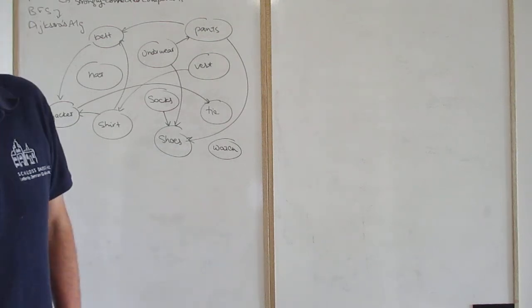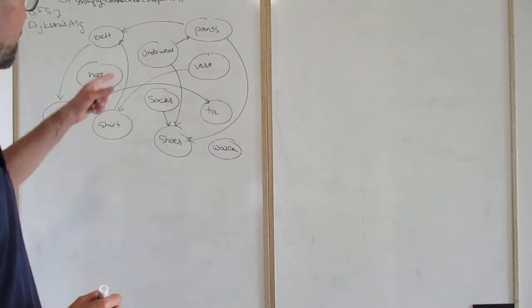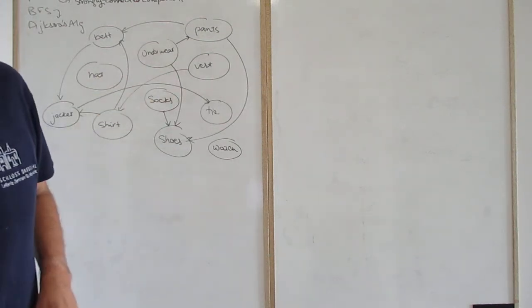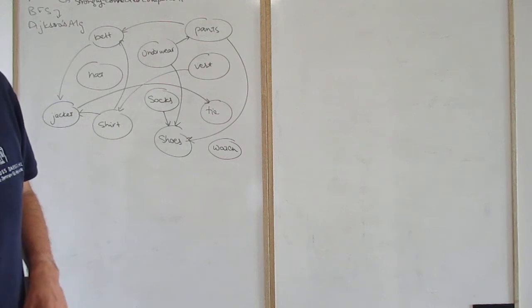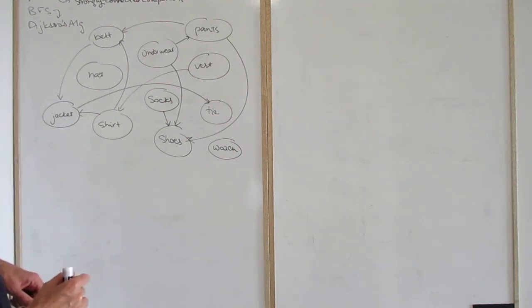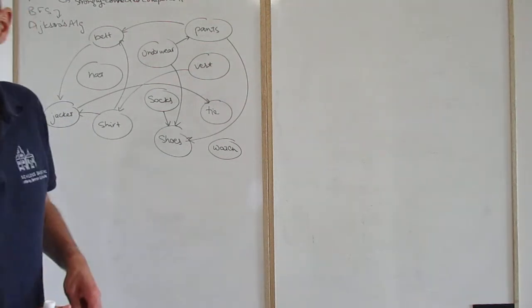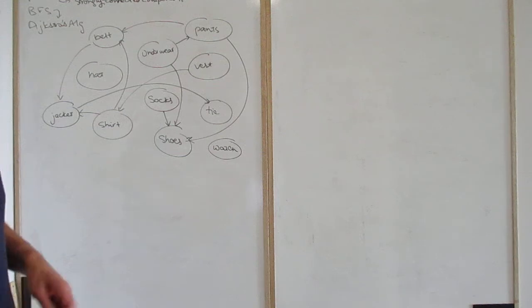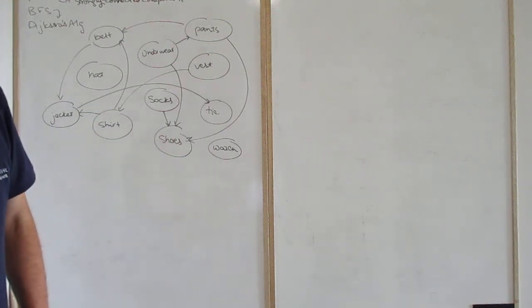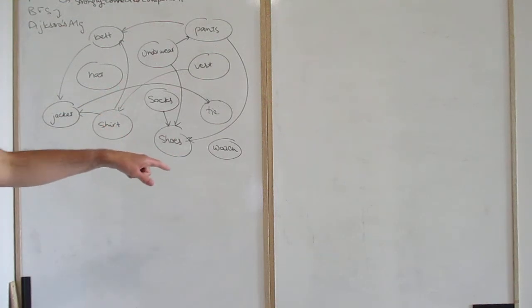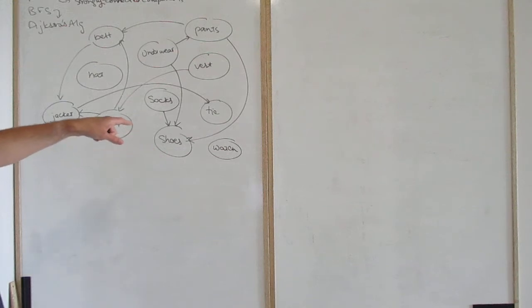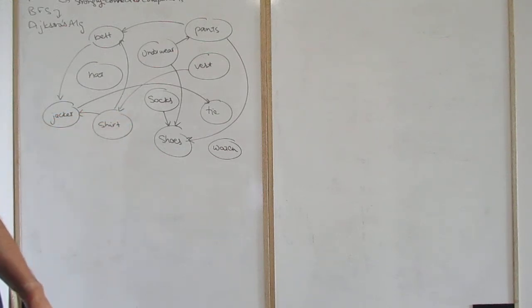Okay, maybe I should just do this the way they have it. Okay, so underwear has to go on before pants. Pants have to go on before shoes. Okay, fine. Watch, they don't care. So socks and shoes, tie, jacket.